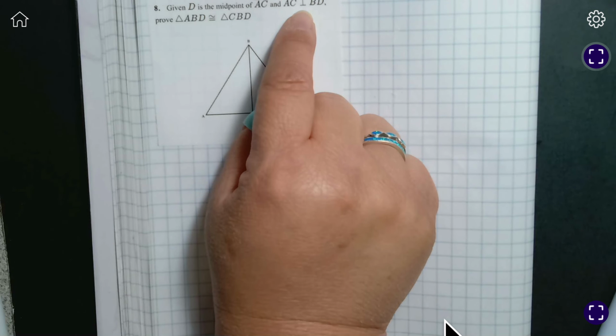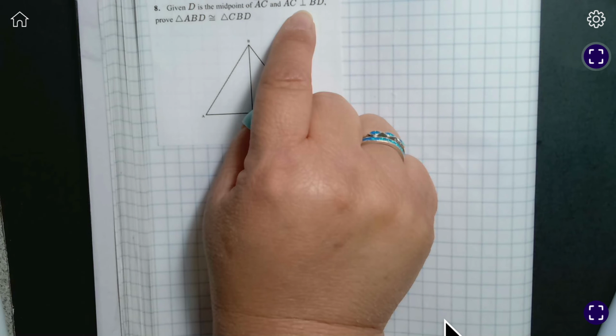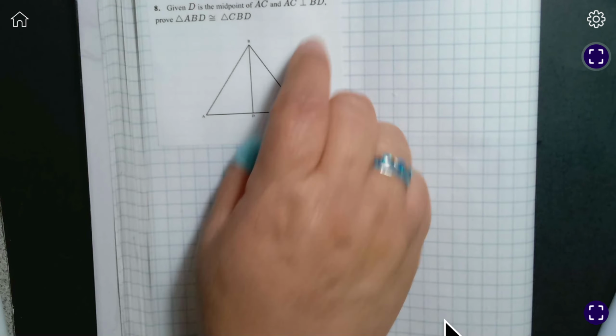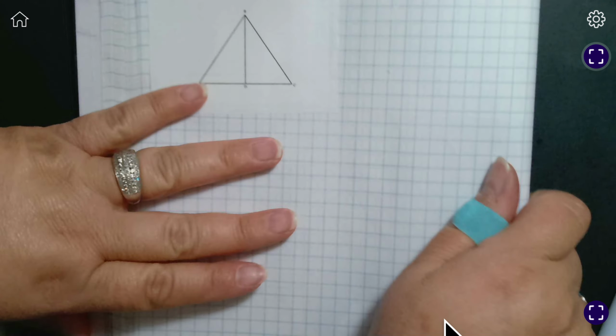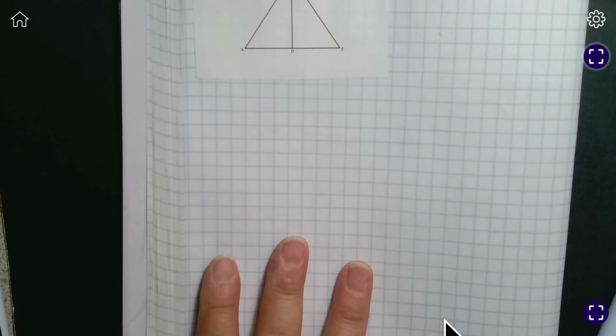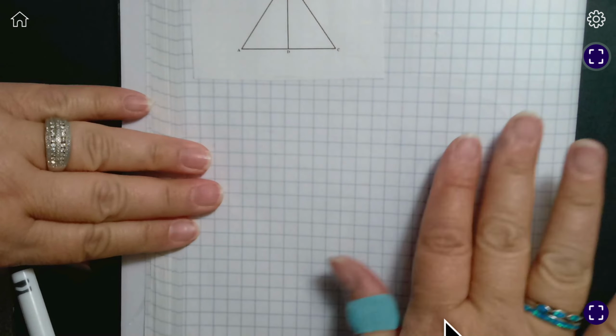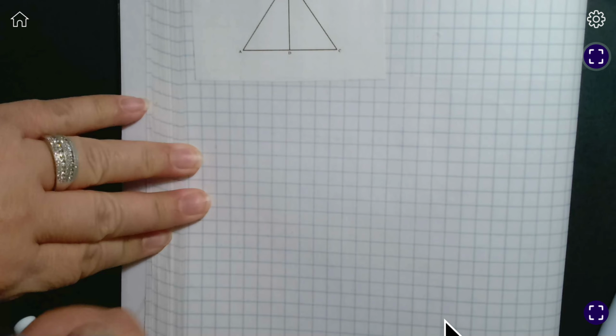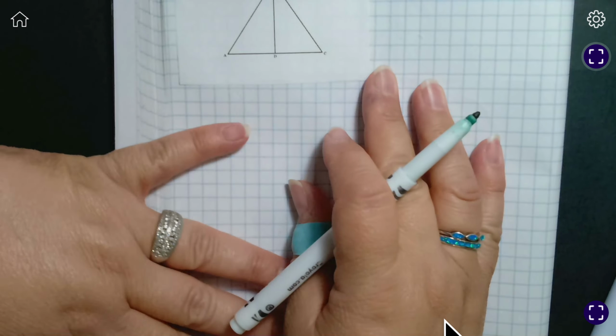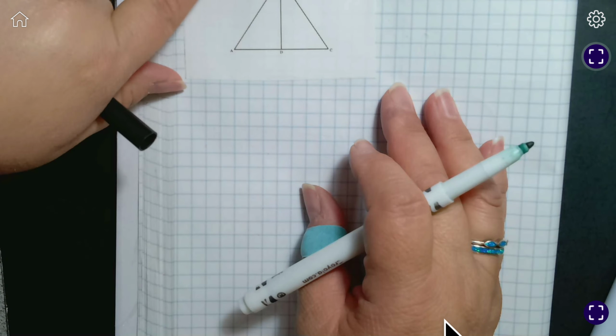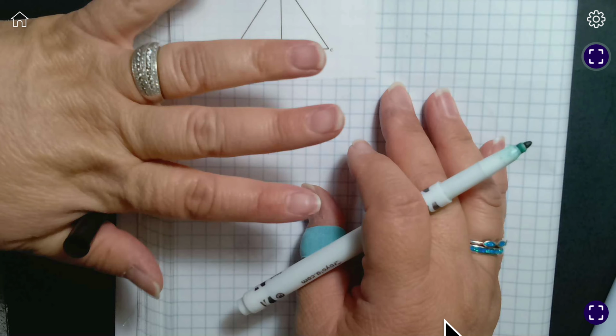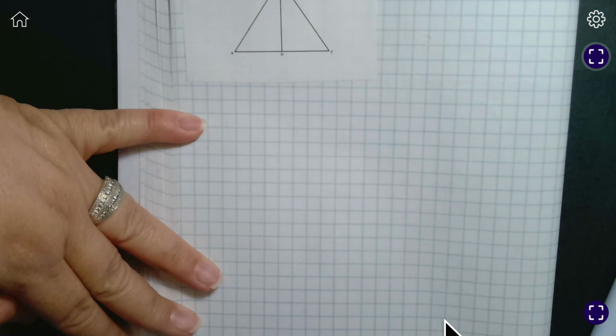It gives you right angles. Okay? So let's write all our given and our reflexive, and then we'll put the boxes underneath. Is that okay?